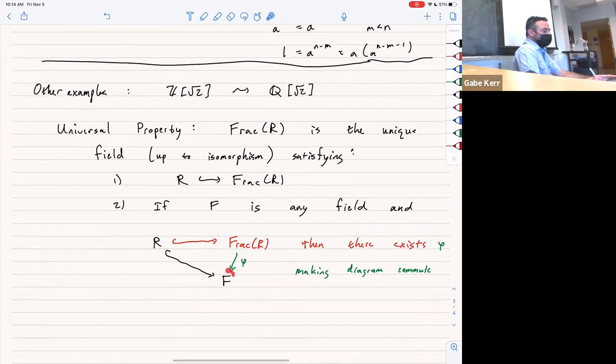It's saying if I have some big field and I can put my ring in it, then I can certainly put all the fractions from that ring into that field because everything's invertible in that field. So while the integers may go to some huge field, I can write the inverses of all of those integers in that field as fractions, and I can send fractions to those inverses. That would be this map.